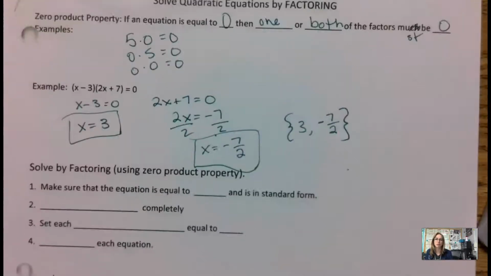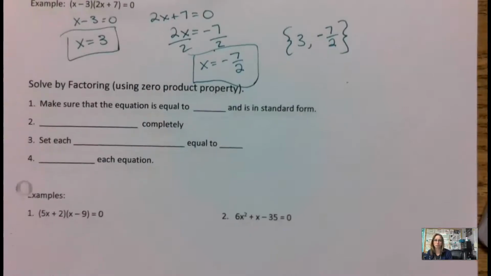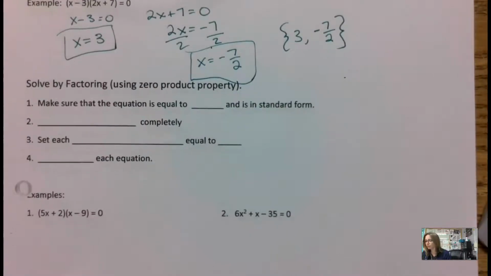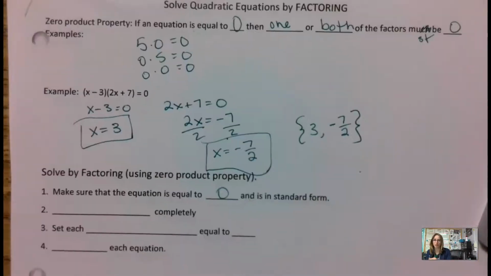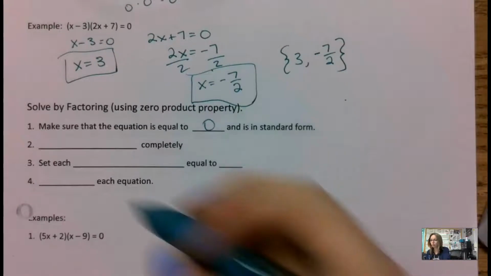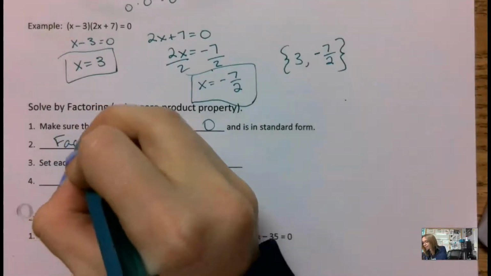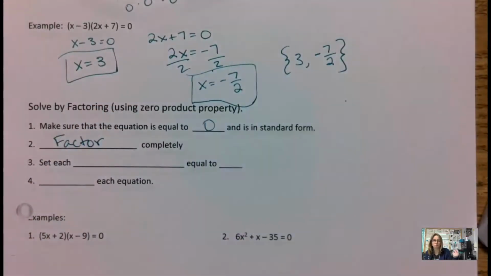Sometimes it's not just going to be that easy, so we're going to go over a handful of different options. It says make sure that the equation is set equal to 0 first. See how this was set equal to 0? That's what that means. Then we are going to factor completely.